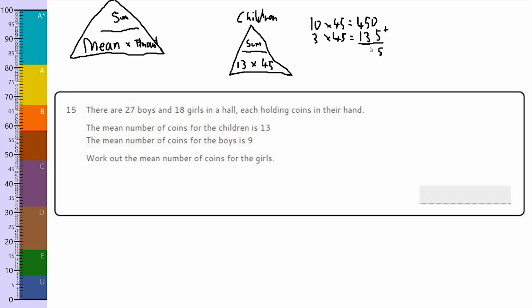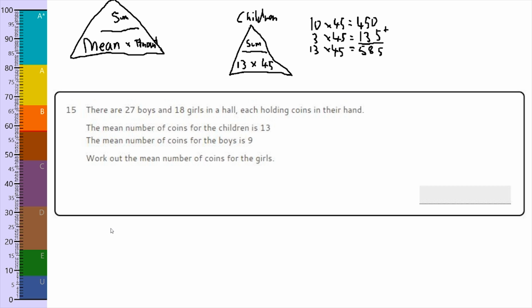So therefore 13 times 45, I could actually do that long multiplication, I don't know why I didn't, but anyway, 585. So the totals, all of them add up to 585. So if you add up all of the coins, in total it's 585.